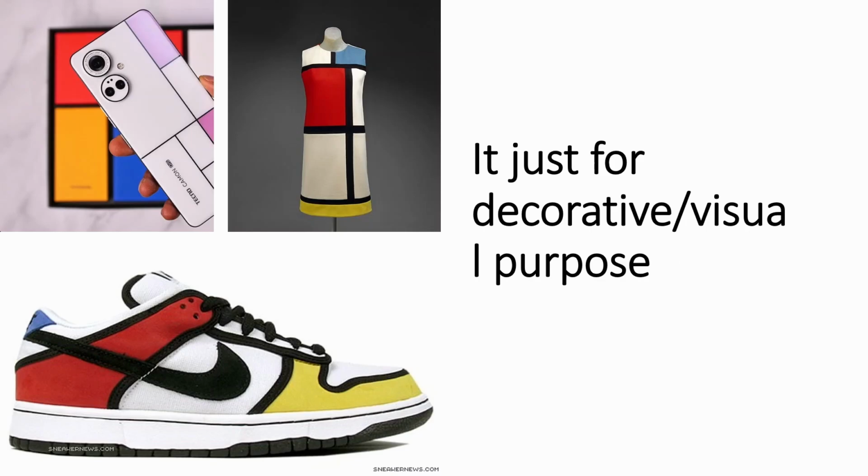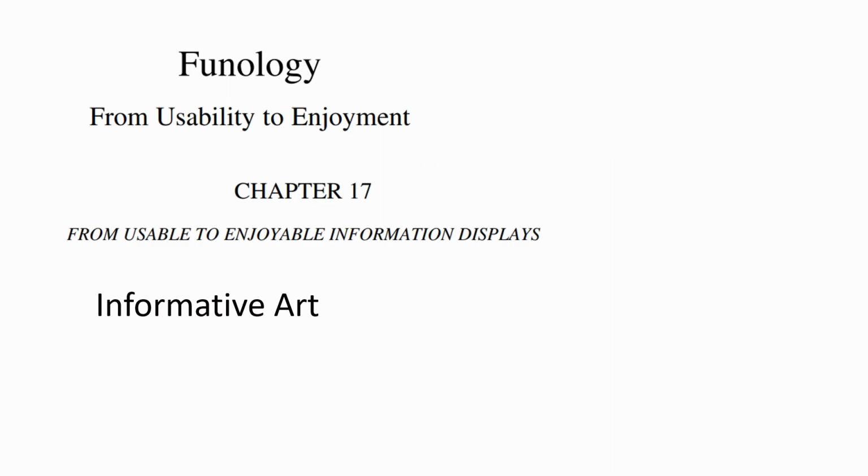But recently, while researching how to create joy, or how to add joyfulness in design, I came across a book named Funology, From Usability to Enjoyment. In chapter 17, from usable to enjoyment, information display, one of the words that caught my eye is informative art.